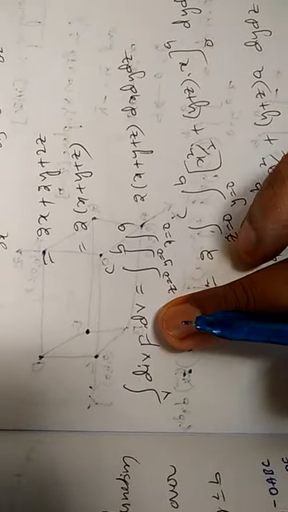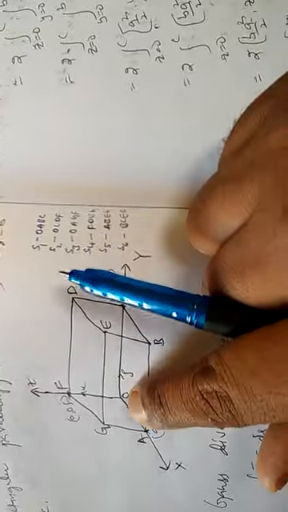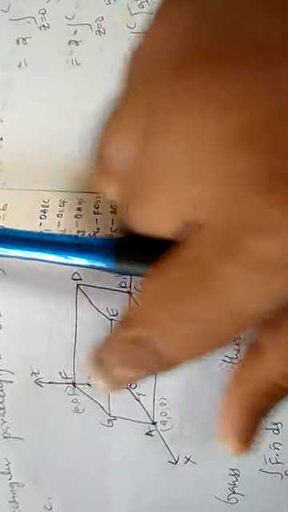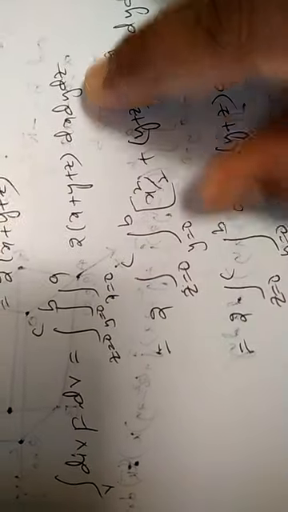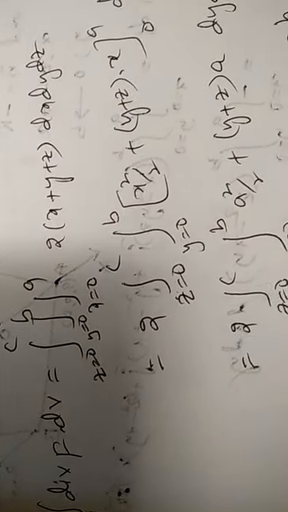Now the RHS part: the integral over V of div F dv. In this volume x varies from 0 to a, y from 0 to b, z from 0 to c. Those limits are applied. Now integrate div F, which is 2 times (x plus y plus z), with respect to dx dy dz. First I integrate with respect to x. You may integrate with respect to y or z, all are constant inside.